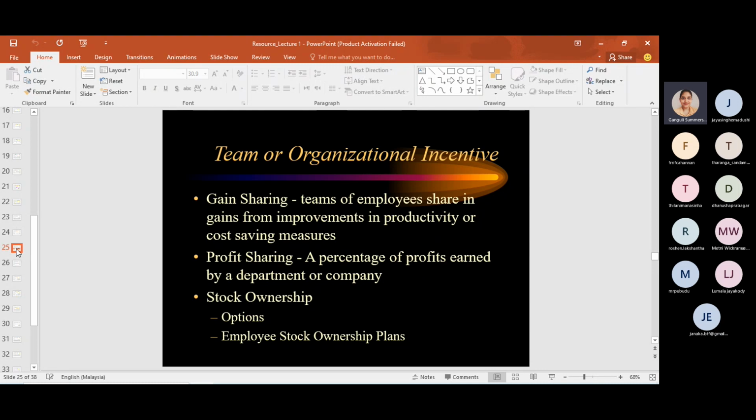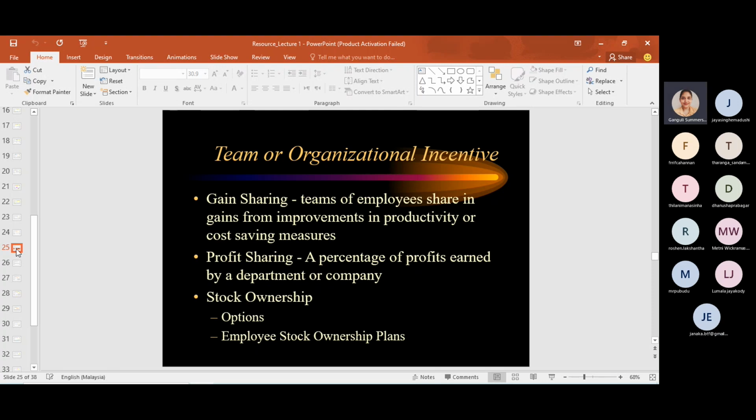And then stock ownership, which means buying stocks. What is buying stocks? Buying stocks means you are buying a part or a portion of an organization or a company.